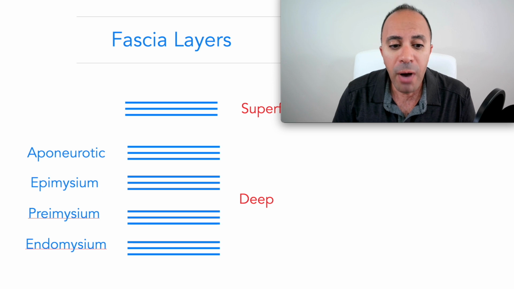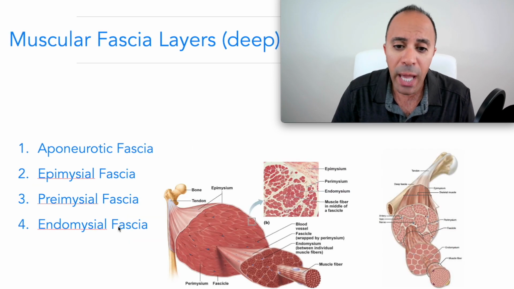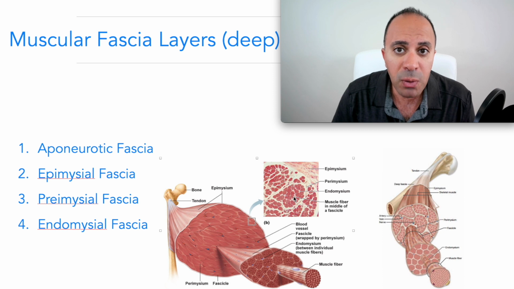The aponeurotic fascia, which is wrapping a group of muscles. And then we have the epimysium that's wrapping each individual muscle. You can see it here. And then we have the perimysium that's wrapping a group of muscle fiber bundles. And then at the end, we have the endomysium that's wrapping each individual fiber.